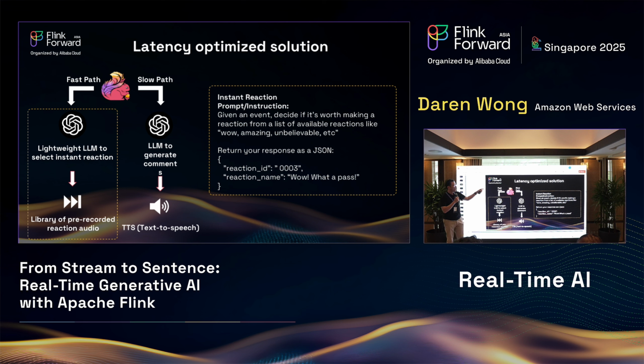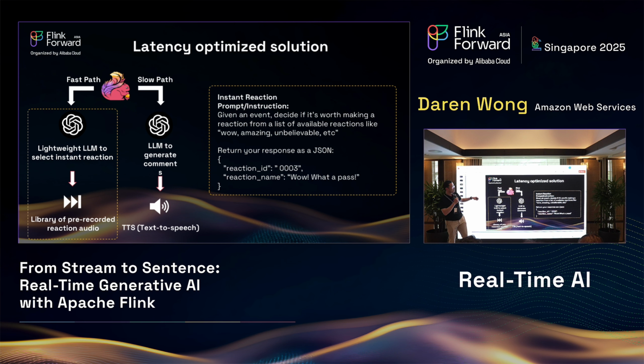So we now have a slow path and a fast path, a slow commentator and a fast commentator. On the fast commentator side, we have this lightweight LLM that, based on the given input event, just selects the instant reaction to be played from the library of pre-recorded reaction audio.